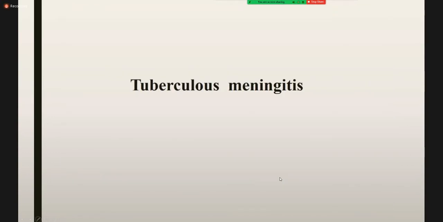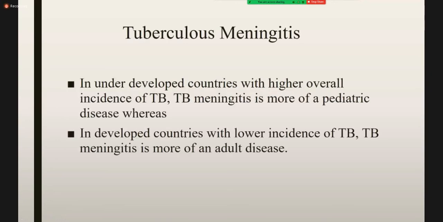Now, going into the details of tuberculous meningitis, it's a very common disorder, and in underdeveloped countries with higher overall incidence of tuberculosis, TB meningitis is more of a pediatric disease, whereas in developed countries, with lower incidence of tuberculosis, TB meningitis is more of an adult disease.